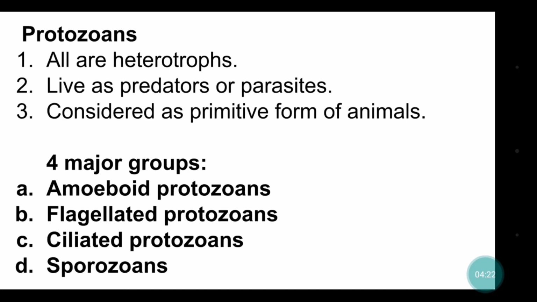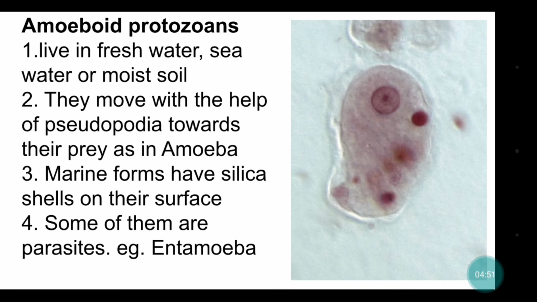It is considered the primitive form of animals. Like euglenoids were considered the primitive form of plants, protozoans are considered the primitive form of animals, and they have four major groups, that is amoeboid protozoans, flagellated, ciliated and sporozoans.